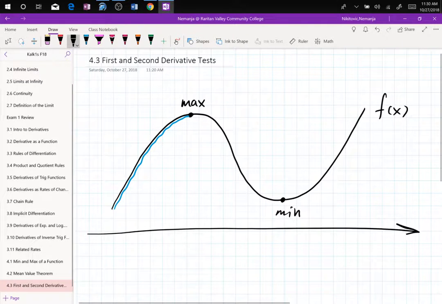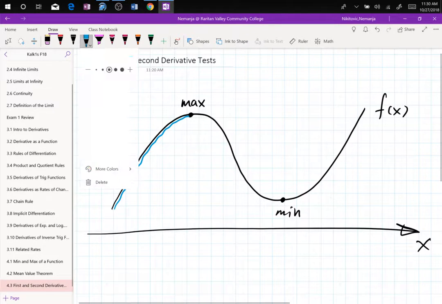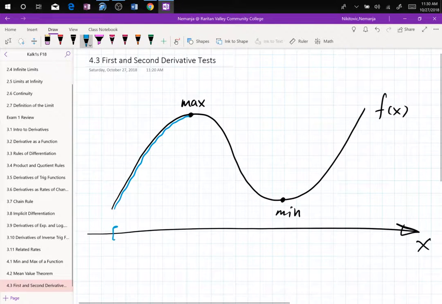There is x-axis over here. So now in blue I have this interval over here on which the function is increasing. And then I have another interval over here on which function is increasing.